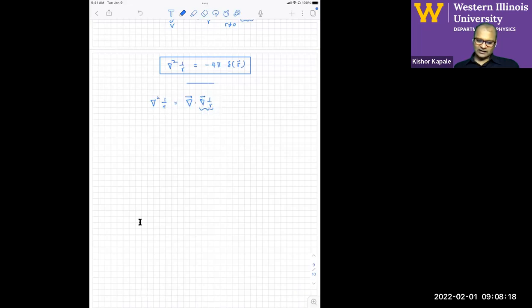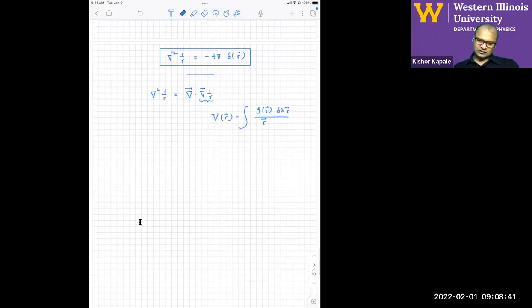If you look at the scalar field V as a function of r, it is normally written as some charge density rho of r d cube r over r, and let's actually use the MKS system.